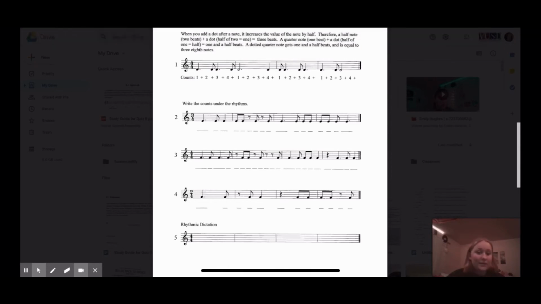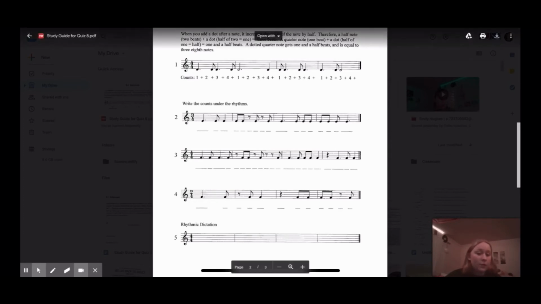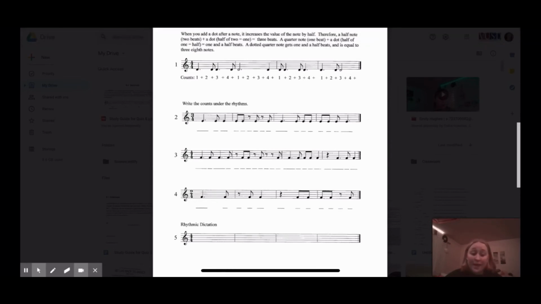So let's do this. It is 1 and, 2 and, 3 and, 4 and, then it would be 1, 2, and 3, and 4, and. This would be a rest, so on rests I usually put parentheses. So whatever you put on those, it will be a parenthesis if you want to make it easier for yourself.